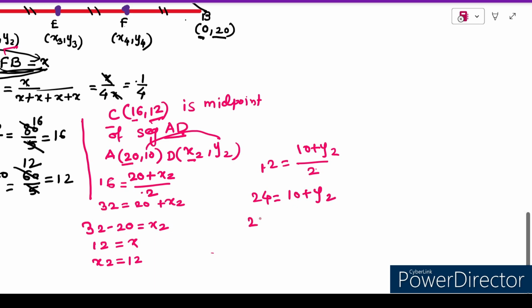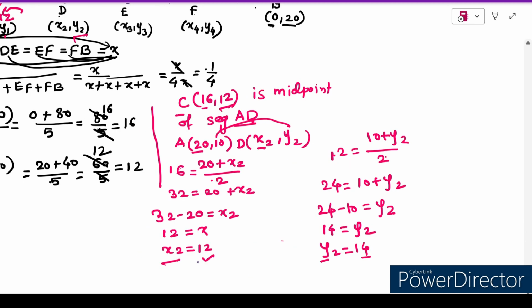Now 24 minus 10 is equal to y2, that is 14 is equal to y2. Therefore y2 is equal to 14. We get the value of x2 is equal to 12 and the value of y2 is equal to 14.